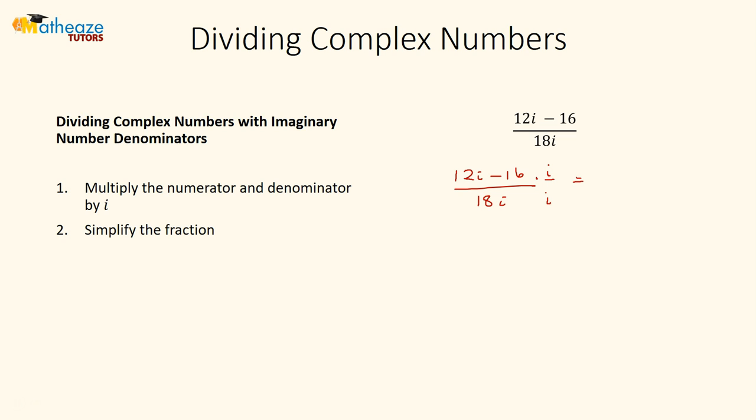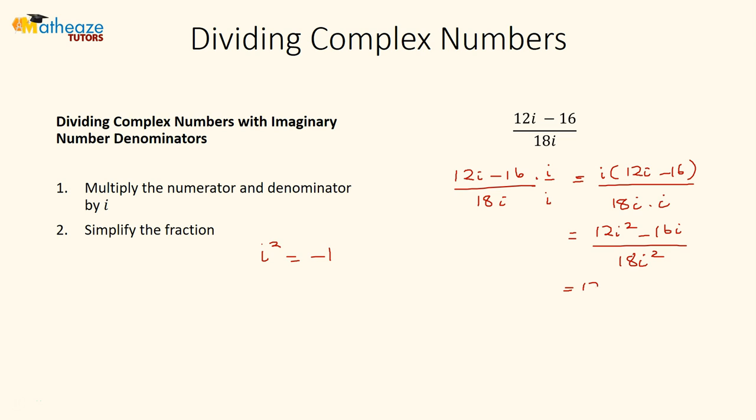So what we have now is 12i minus 16 over 18i times i. So this is going to give us 12i squared minus 16i divided by 18i squared. Just a quick reminder, i squared is equal to -1.